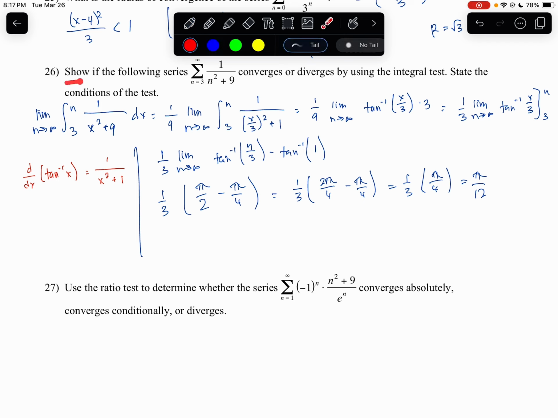Show if the following series converges or diverges using the integral test. State the conditions of the test. Ooh, haven't done the conditions. So, conditions: positive, continuous, decreasing for f of x.